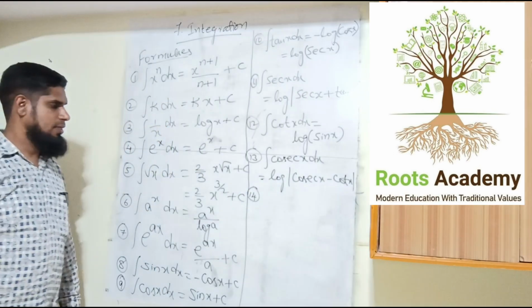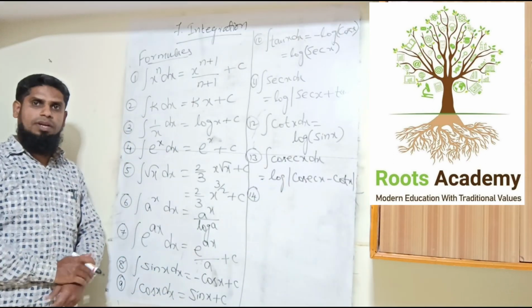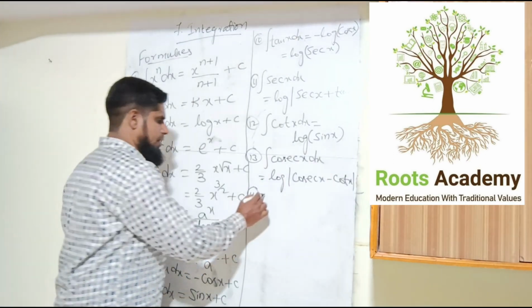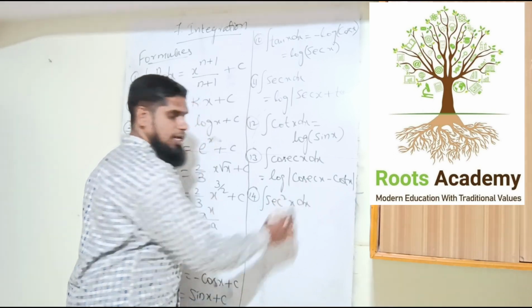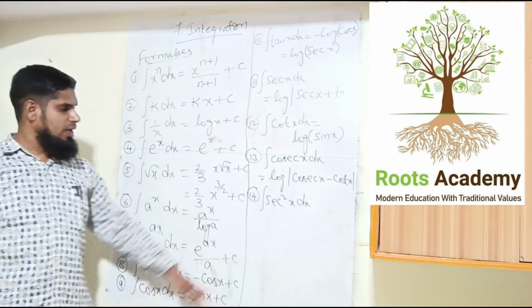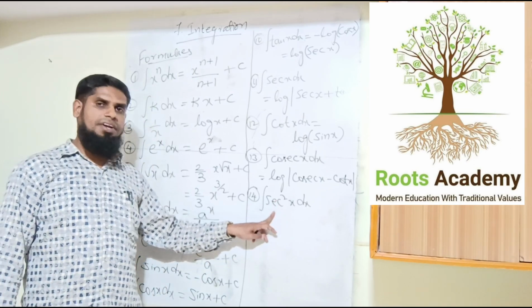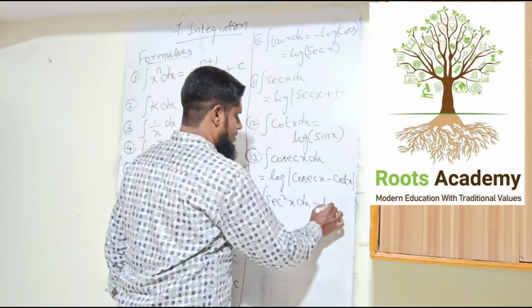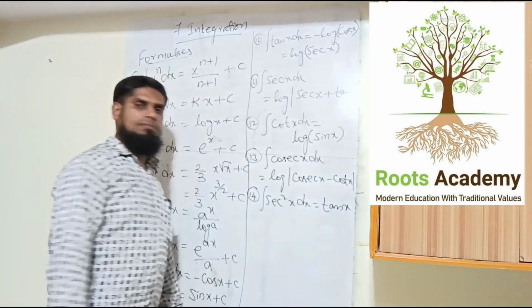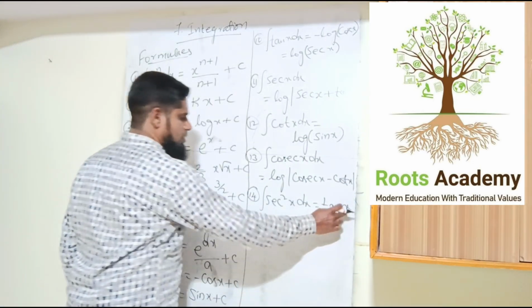And next, there are some other integral formulas related to trigonometry. Integration of secant square x dx. We know that the derivative of tan x is secant square x. Then definitely the integration of secant square x is tan x. Of course plus c is there, so you must write plus c also.